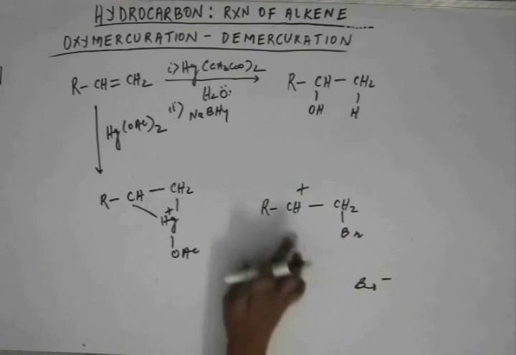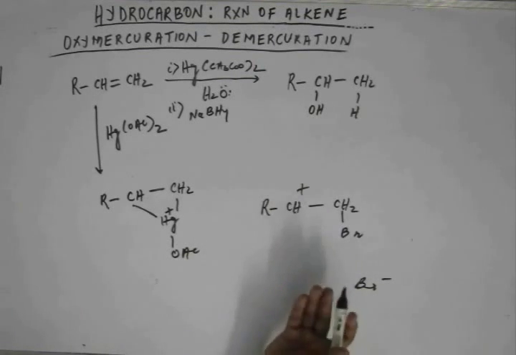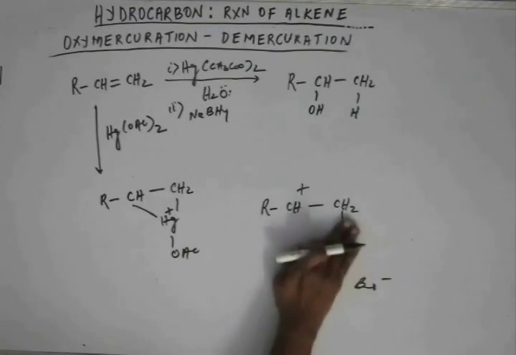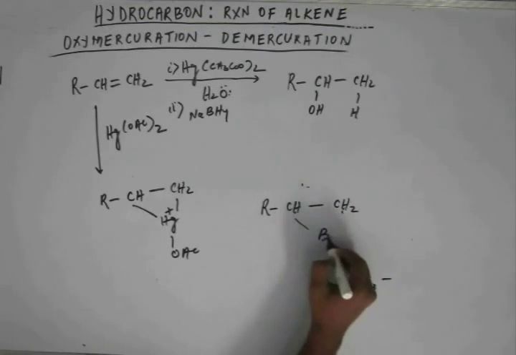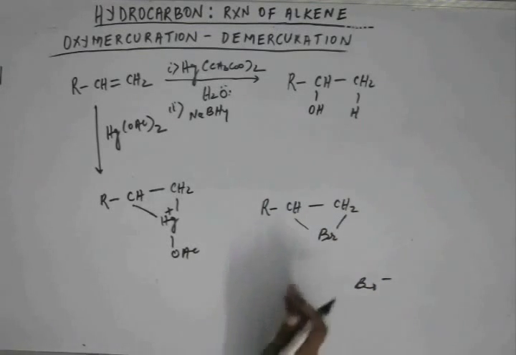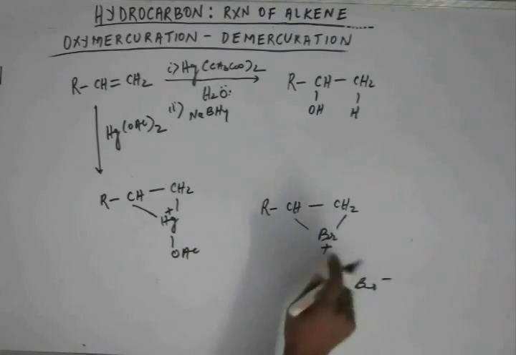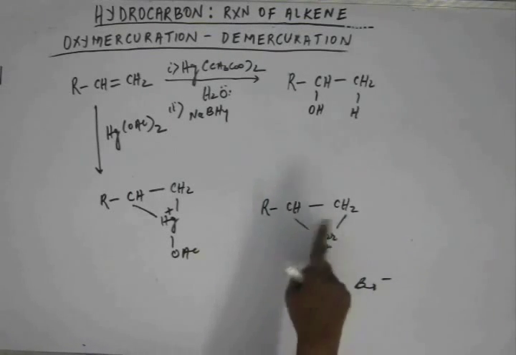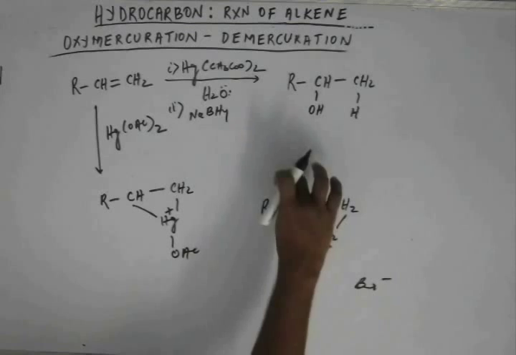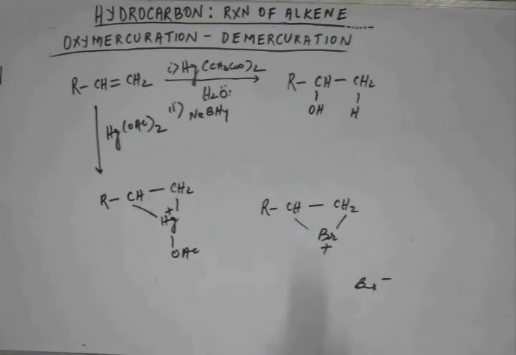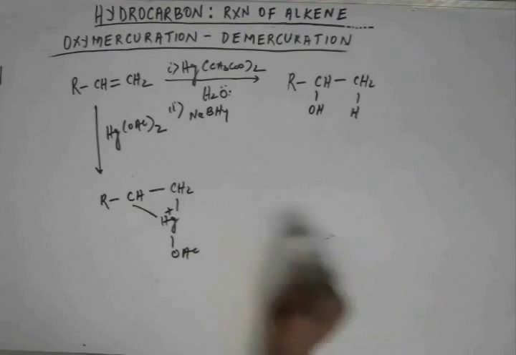A plus charge ought to be formed on this carbon, but the pure plus charge is never there, because bromine has lone pairs, and those lone pairs are involved in making the cyclic brominium ion. We saw this when we studied addition of halogen on alkene. This bromine has a plus charge because of formation of that coordinate bond, and later Br minus comes, breaks this cyclic ring and gets attached to one carbon, and this bromine gets attached to the other carbon. So a similar step will repeat here.